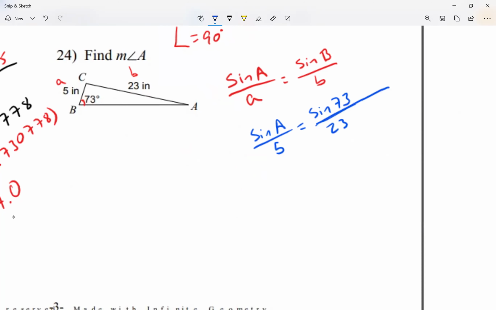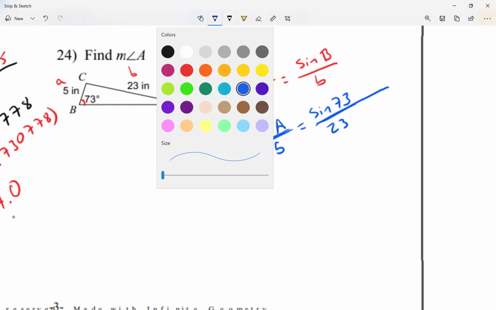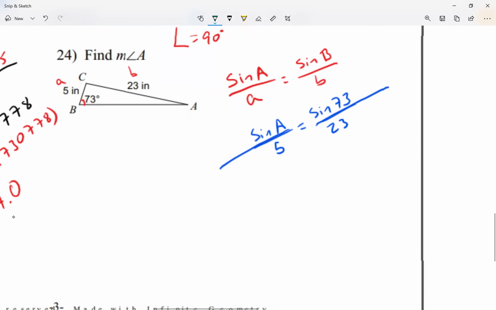Let me extend my fractions and let me multiply by 5. I'm going to multiply both sides by 5 because I want this 5 to cancel out. So that gives me that sine of A is sine of 73. Remember, this is the whole thing. Don't forget the parentheses. Times 5 divided by 23.